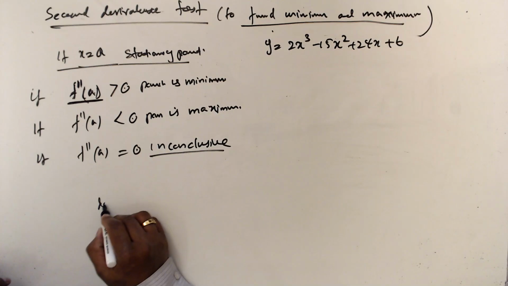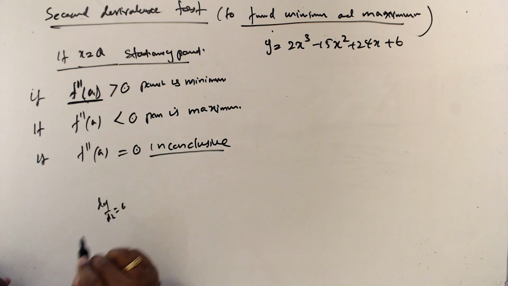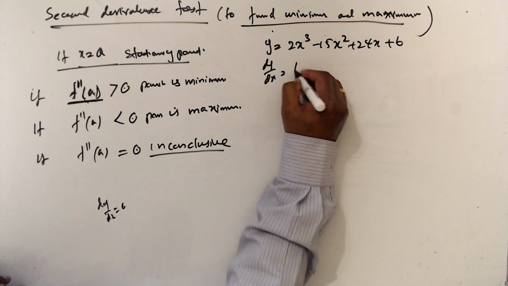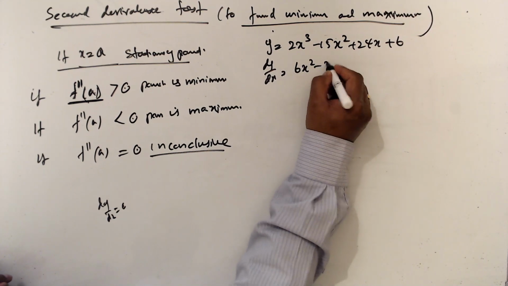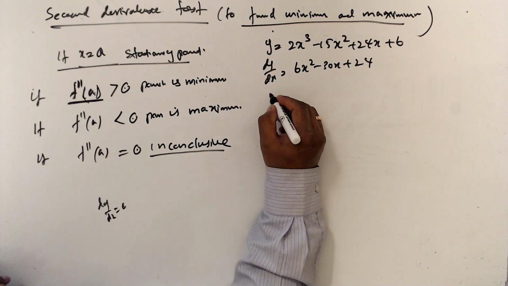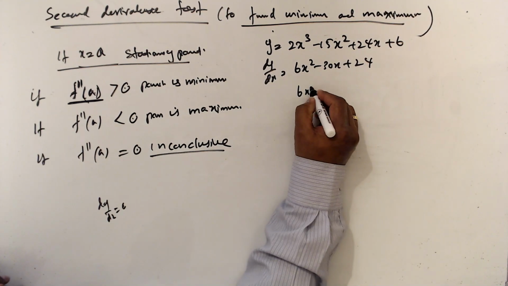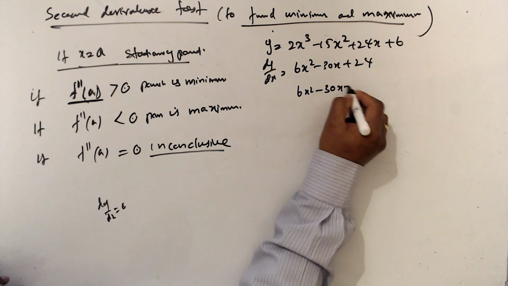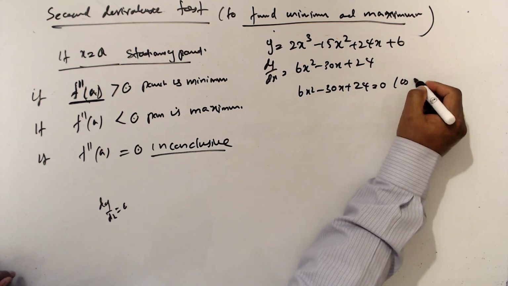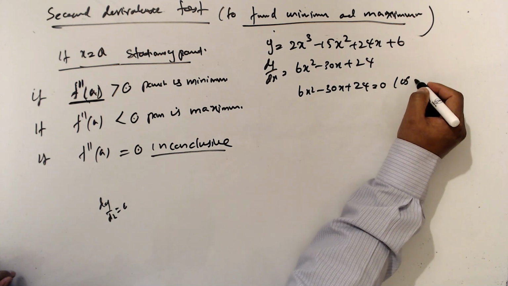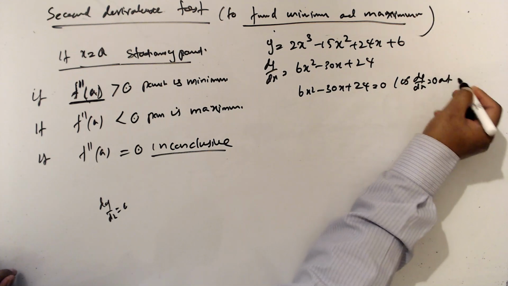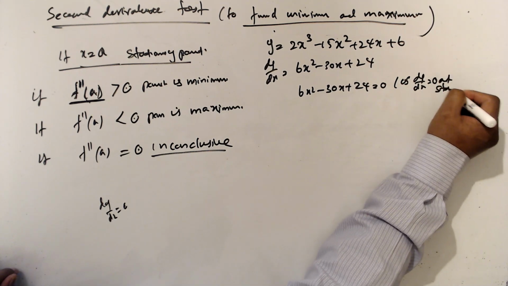At the stationary point, dy by dx equals 0. So find dy by dx first: 6x squared minus 30x plus 24. Now I will make it equal to 0. 6x squared minus 30x plus 24 equals 0, as dy by dx equals 0 at a stationary point.